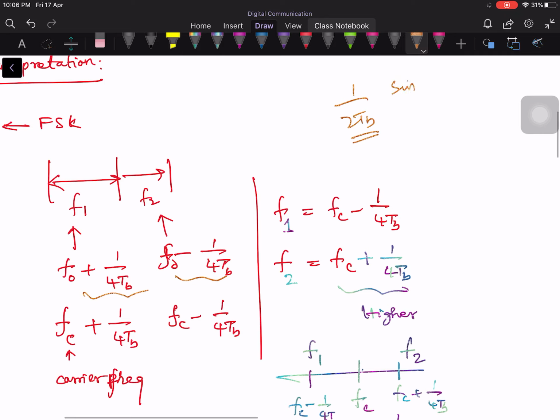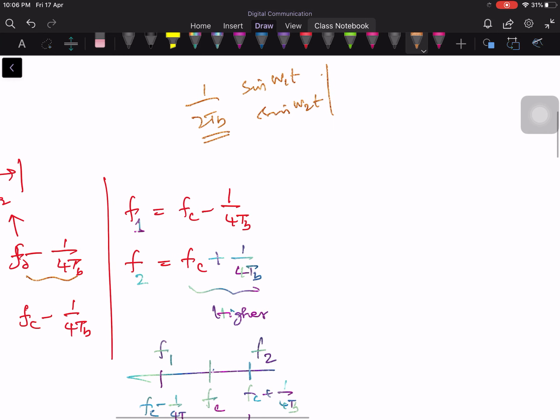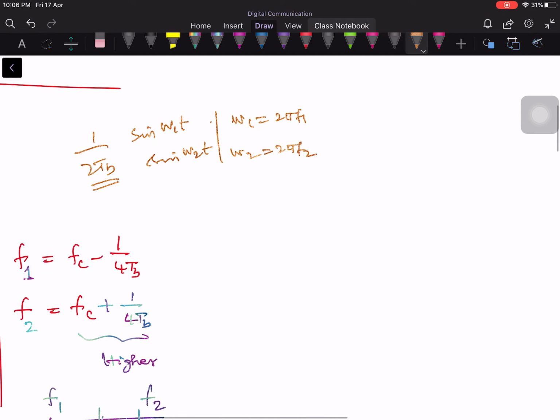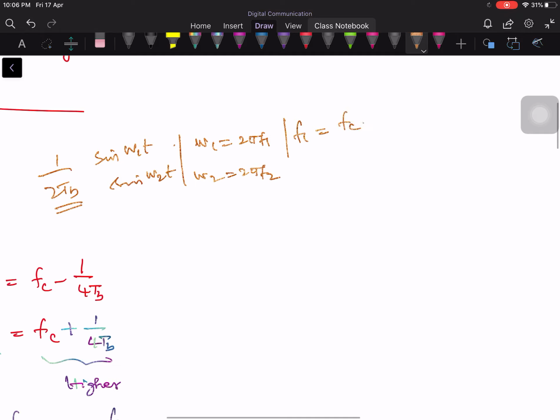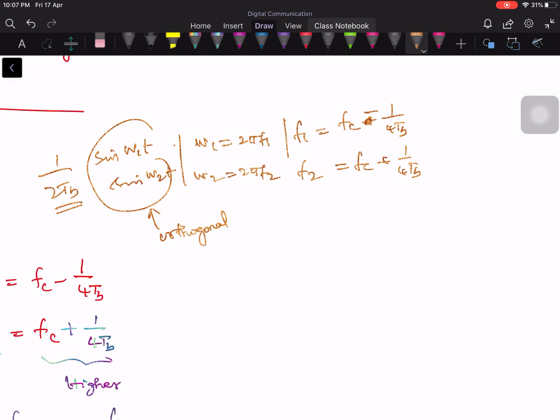If you use a carrier sine omega 1t and another waveform sine omega 2t, where omega 1 is equal to 2 pi f1 and omega 2 equals 2 pi f2, with f1 equal to fc minus 1 over 4 TB, and f2 equal to fc plus 1 over 4 TB, and you want these two to be orthogonal, the minimum frequency separation, f2 minus f1, is going to be 1 over 2 TB.